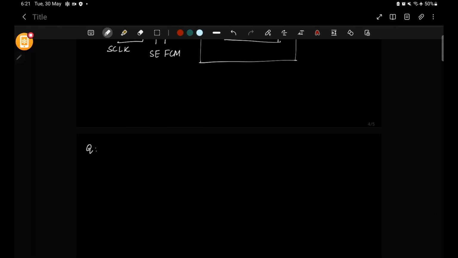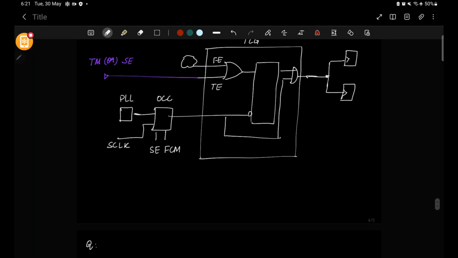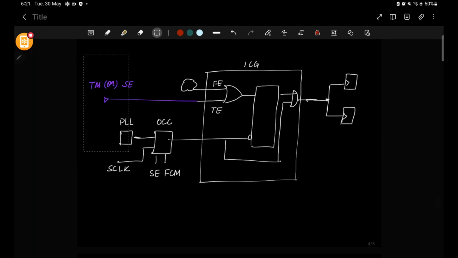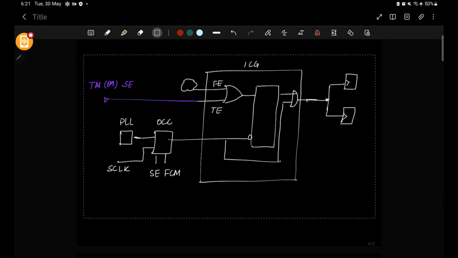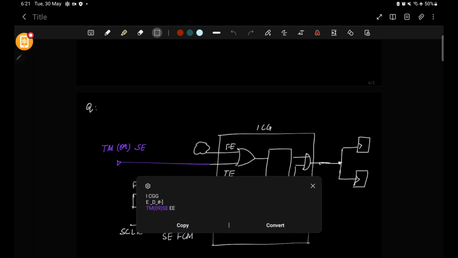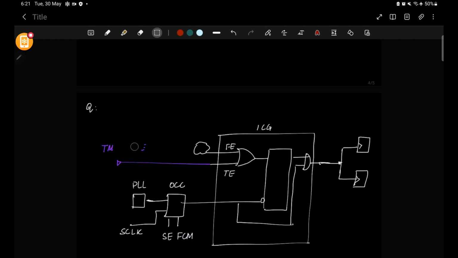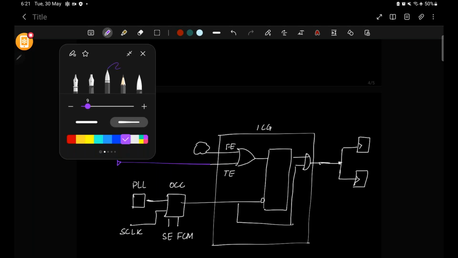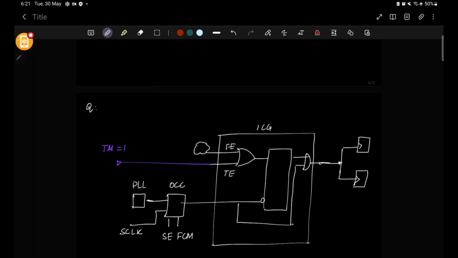So in this case, just imagine that you have tied it to the test mode signal. Now what will happen is test mode will be completely one throughout DFT.